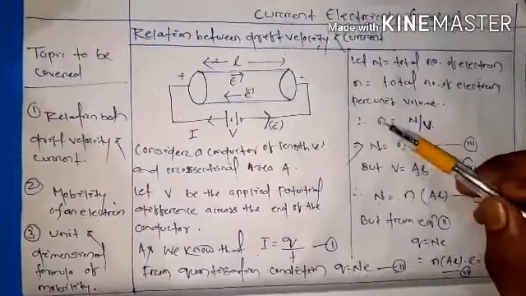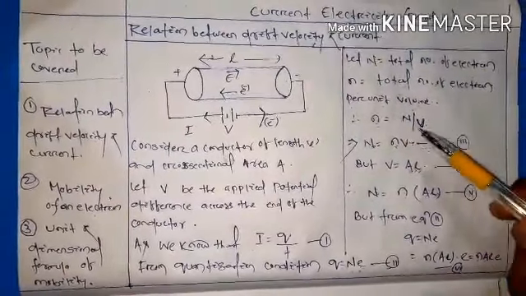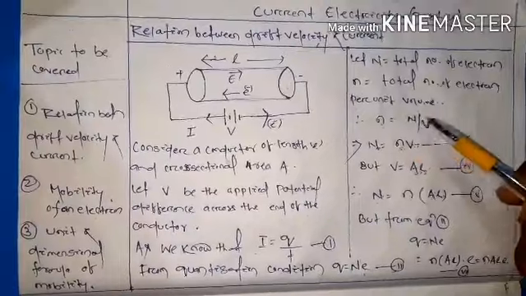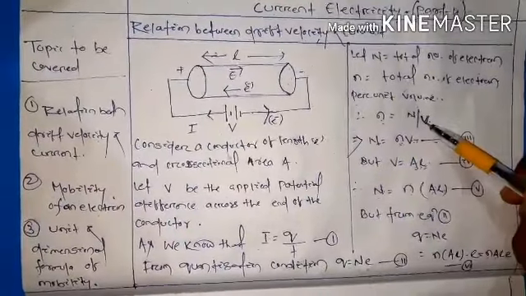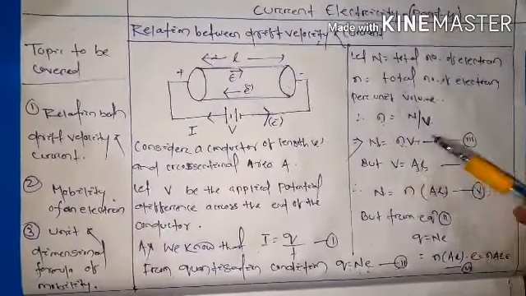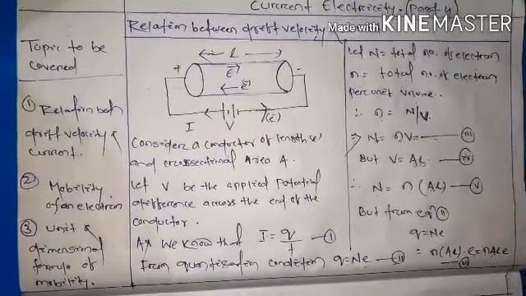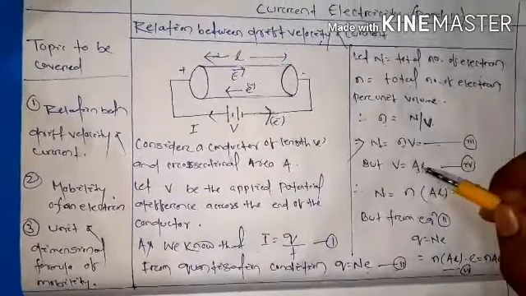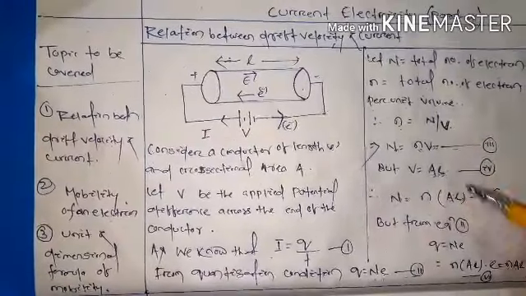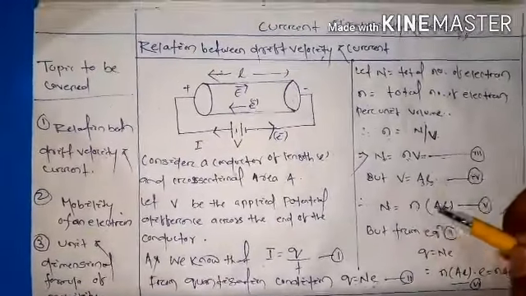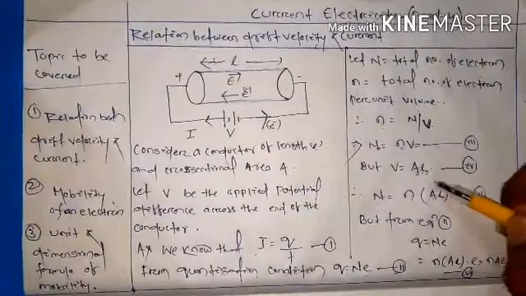So number of electrons per unit volume, small n, is equal to capital N divided by V. Therefore capital N is equal to small n into V, where V is volume. But volume is equal to area into length. That is, capital N is equal to small n into volume, which is AL.